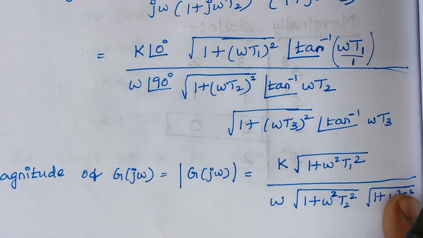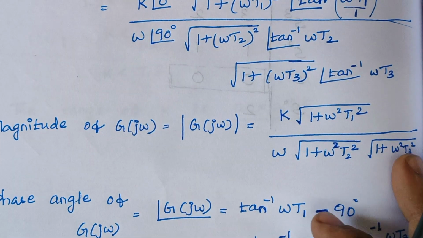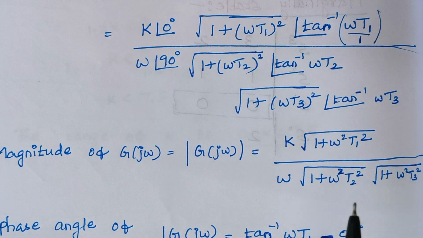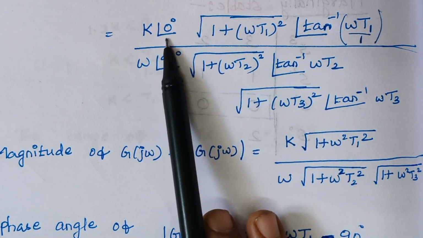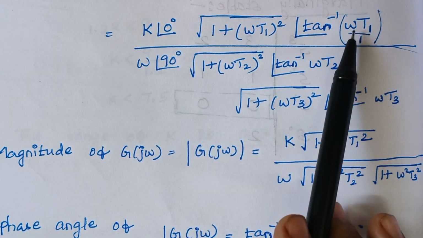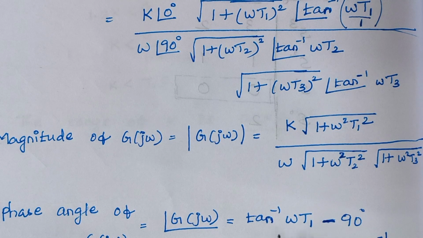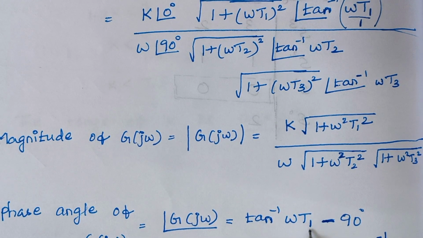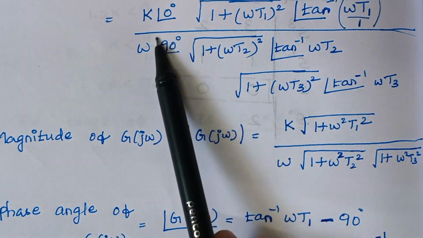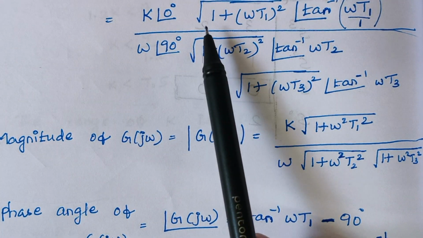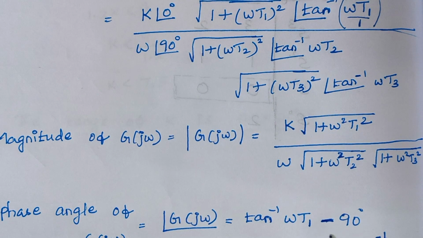The next one we are going to move with is the phase angle. So here the phase angle can be written as, you see in the numerator I am having 0 degrees, so we can leave that one. The remaining angle is tan inverse of omega T1. Right. So here I had written tan inverse of omega T1. And in the denominator, I am having an angle of 90 degrees, right? When I move this denominator to the numerator, the angle will be minus 90 degrees.